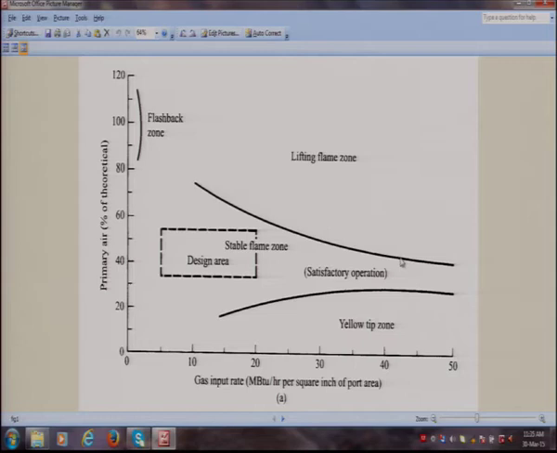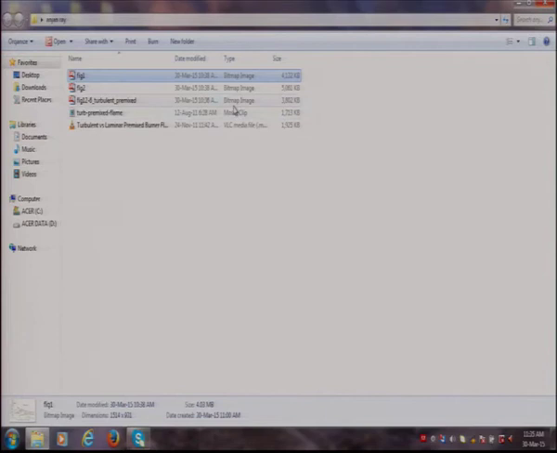If you go too much into this, then the stability zone is actually getting squeezed, right. So you come into this zone, this is the stable zone area, flame zone, and this is roughly the design area. Okay. So this is one stability diagram, and this is taken from Stephen Turns's book, so you can also see this yourself later from the book.